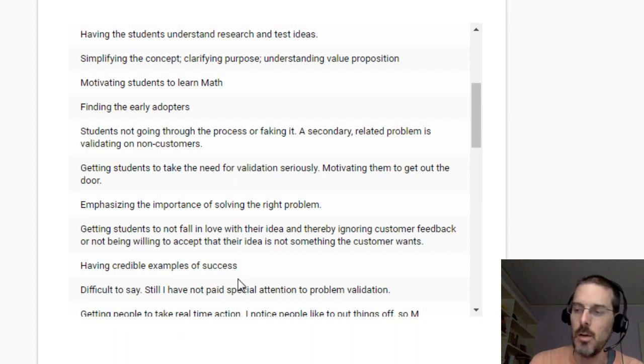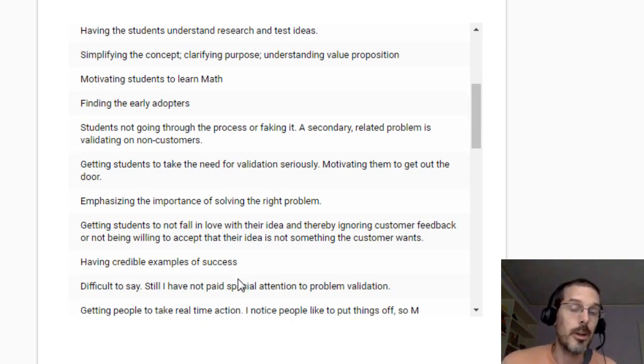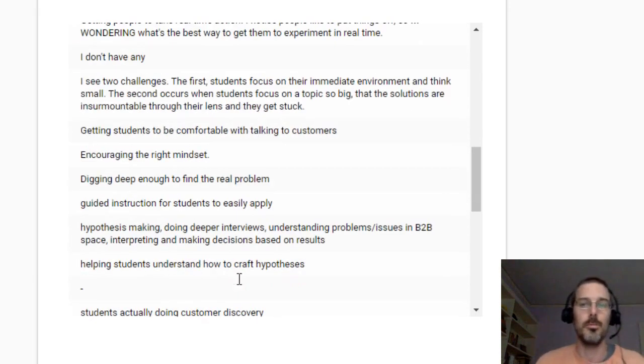Effectively teaching how to talk to customers, and then also problems with students going out and validating on non-customers, or how to identify the right folks to validate on. Those seem to be some of the main patterns coming out. But again, lots and lots of really good problems, which is exciting for Justin and I because we've got a lot of work to do.